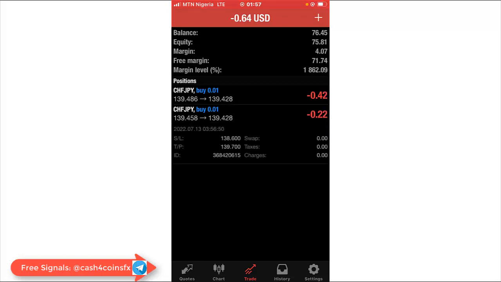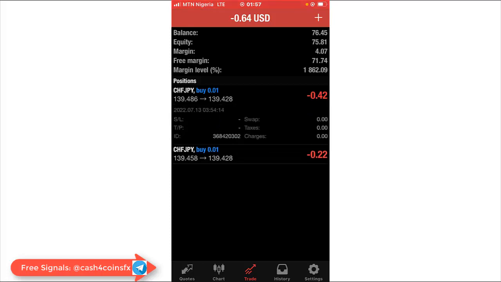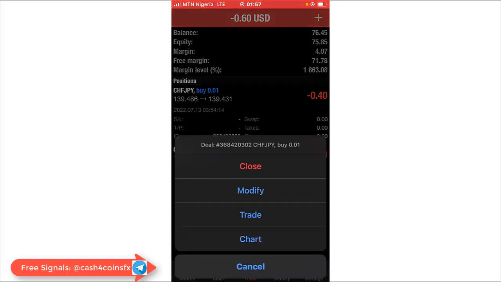If you click on this, you say it has stop loss and take profit already, and it is running. You just leave it, and either it will go to the take profit and close automatically. So this particular one, we click and hold it, or tap and hold, and then click on modify.